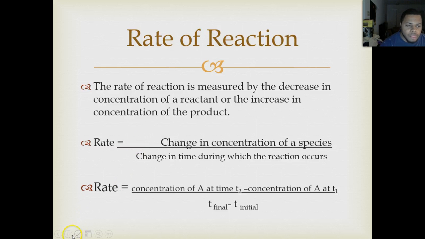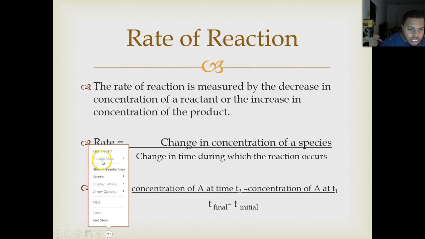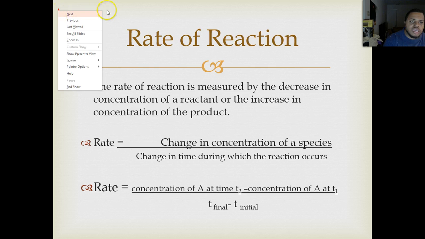If I have this graph for a reaction taking place, and I draw it right here in the top corner, with one of my reactants, usually I'm going to start with a concentration somewhere up here.